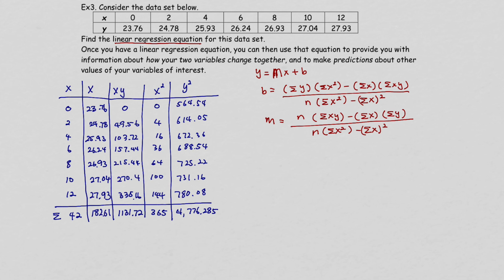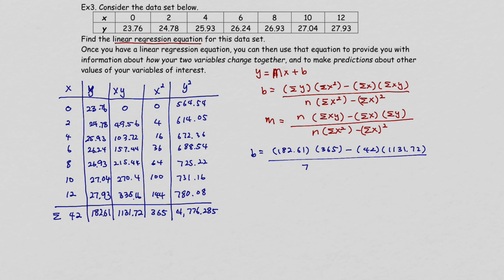So you're going to use those summations of numbers. If we wanted to find b first, which is the vertical intercept, you're going to do summation of y times summation of x squared, minus summation of x times summation of x times y, all over the number of data points.